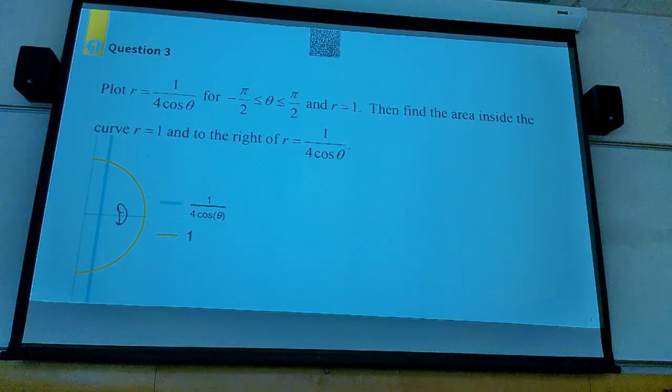Finding what r goes from is very easy in this case. But what about theta? 0 to pi would go this way.